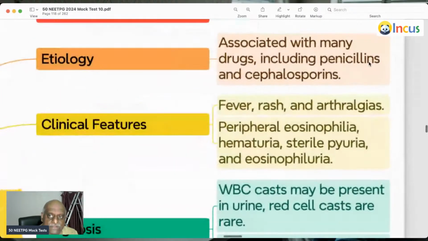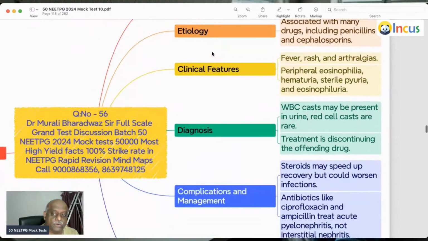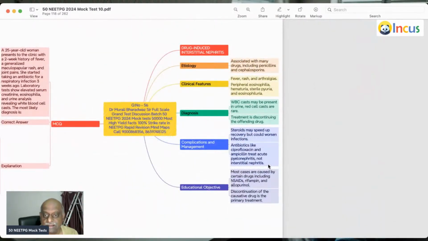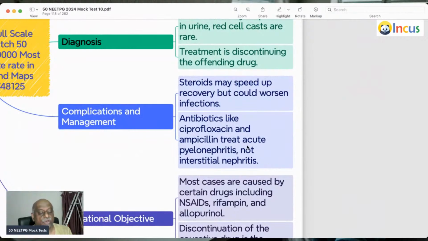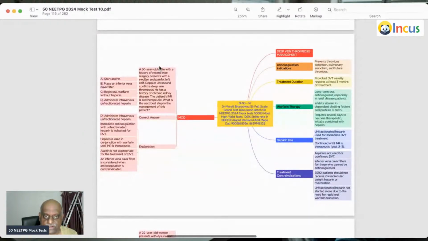So typically penicillins, cephalosporins, classical of drug-induced interstitial nephritis. If you give steroids, you can speed up the recovery, but it will worsen the infections. Right, doctor? Now, let's go to the next question.